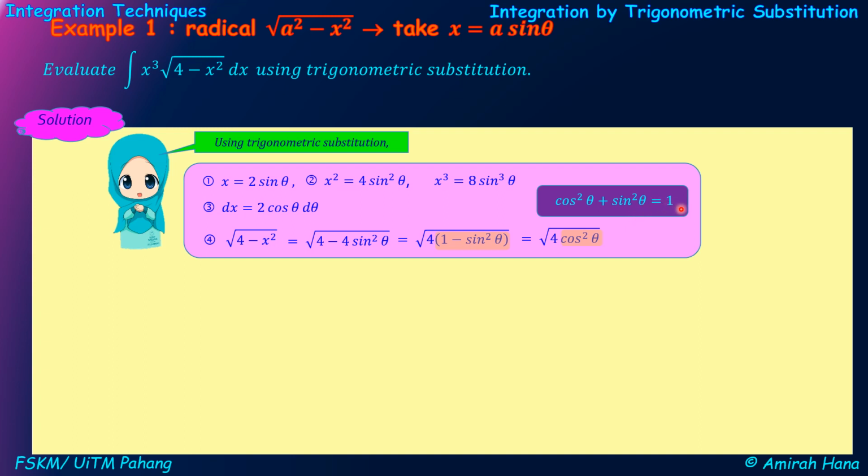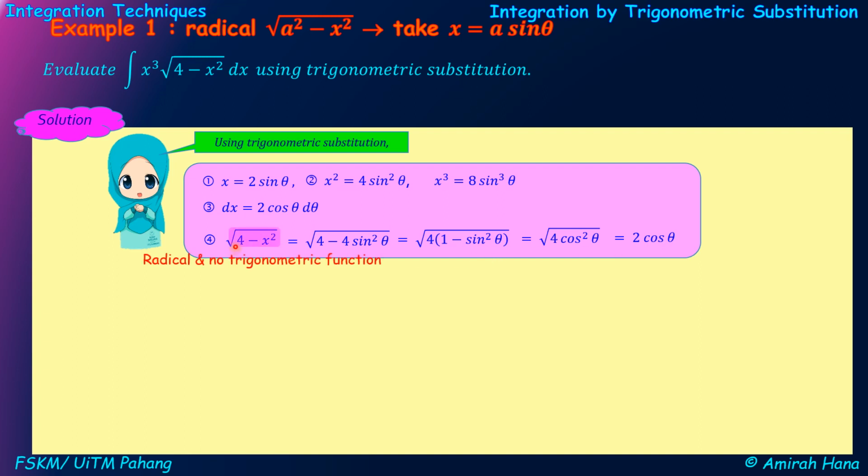And when we write cos squared theta as the subject, we have 1 minus sin squared theta. That's why we get this. Right? And after that, we can simplify square root of 4, which equals 2, and square root of cos squared theta equals cos theta.